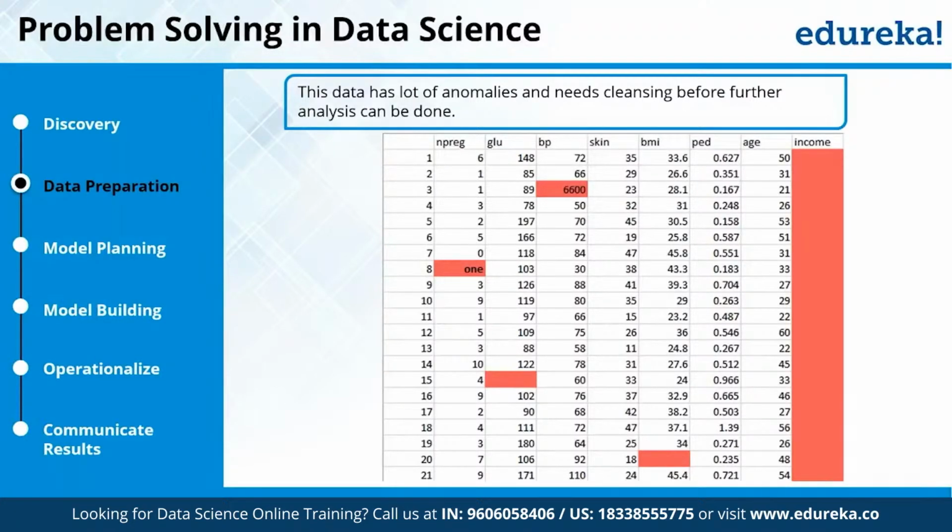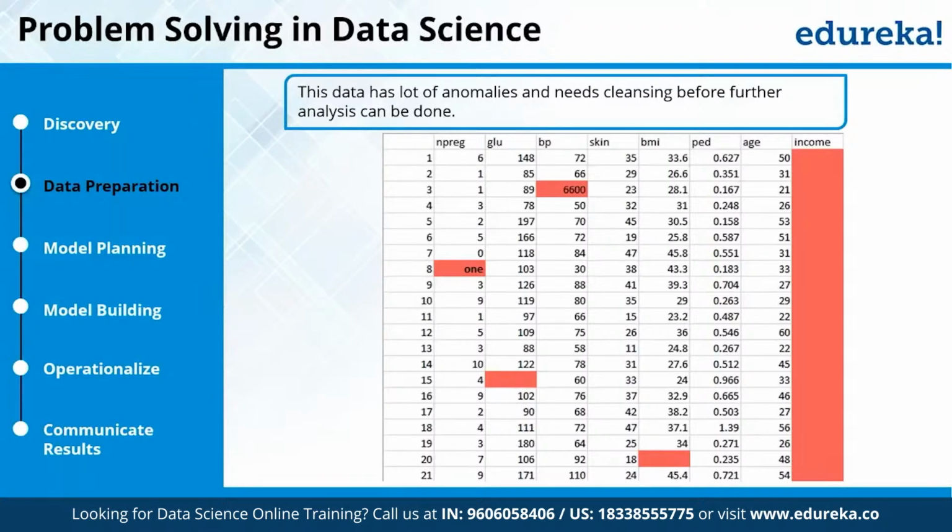So anomalies like this, right? For example, if I take the blood pressure, there is data in the third row with a very high value. 6600 for blood pressure is not possible at all. Something similar happens with inconsistencies in data format.